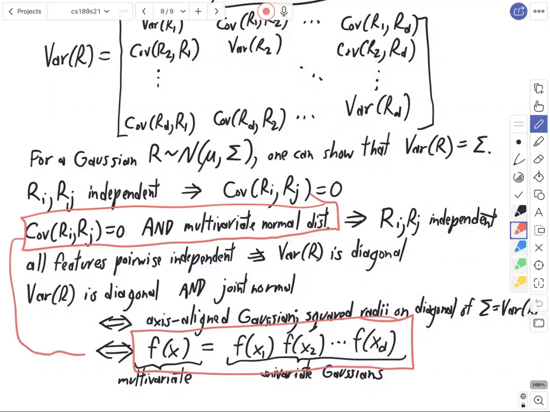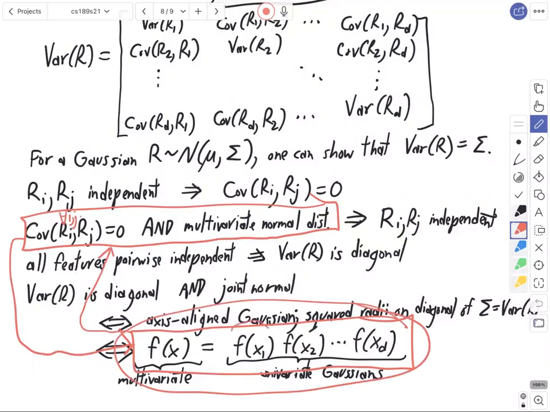Certainly, this implies this if it's true for every i and j. When you say if and only if, the problem with the other direction of implication is this doesn't actually explicitly, well, it depends how you interpret this.